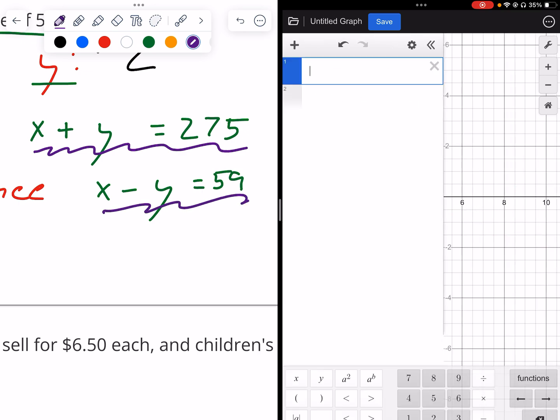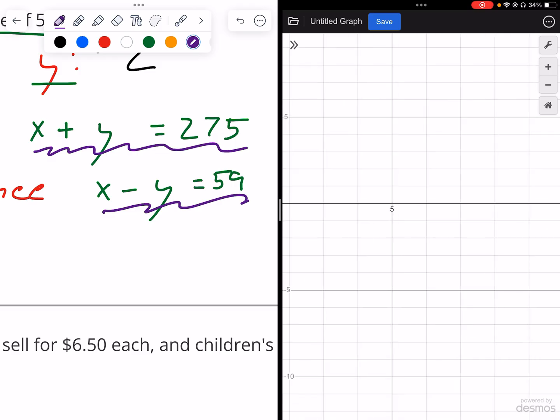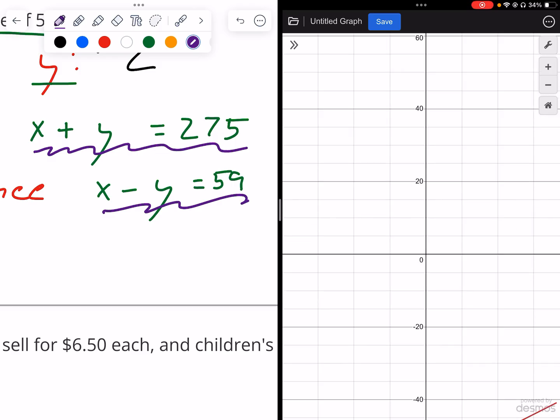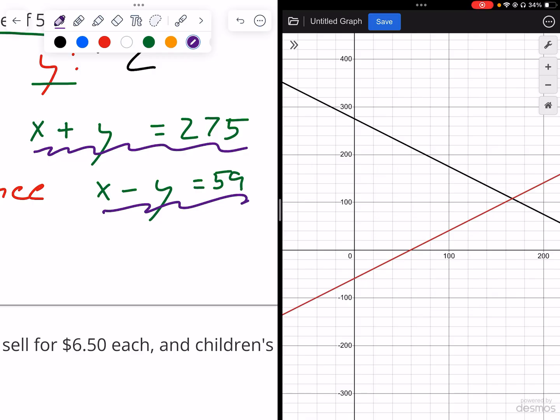Go ahead and do that. I'll do it with you. There we go. All right, two equations typed in. I don't see anything, but I know that they should be here somewhere. So I'm going to zoom out a lot and boom, I find my two lines.